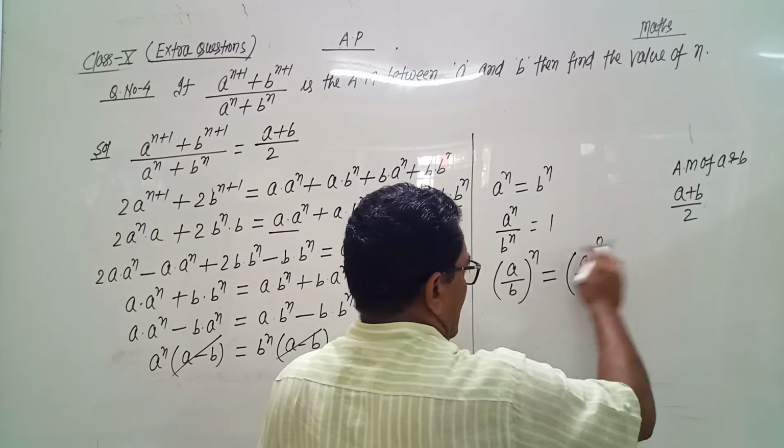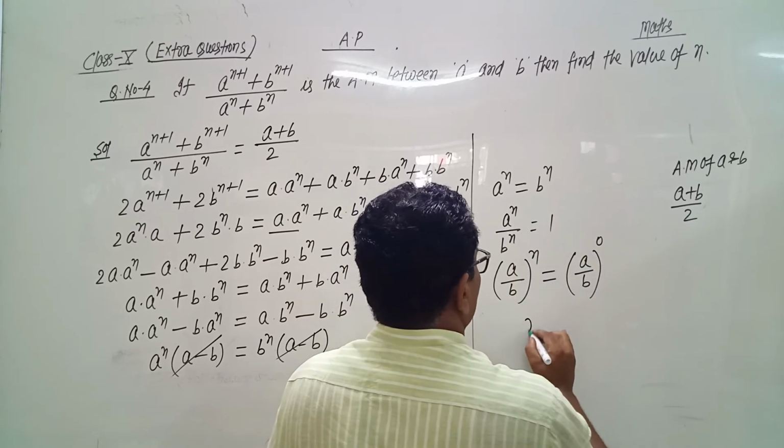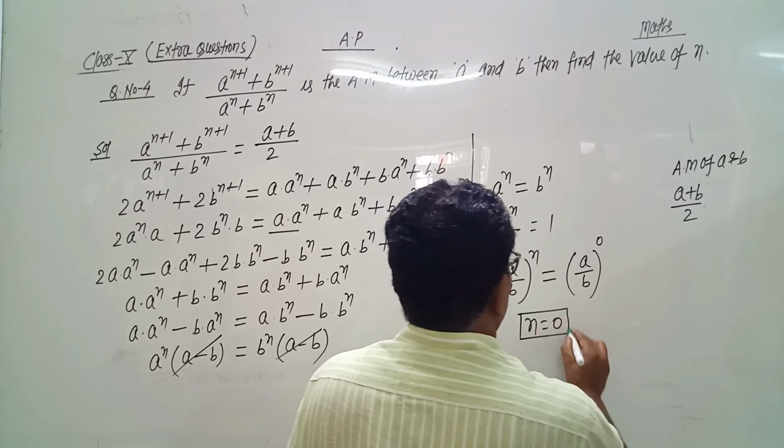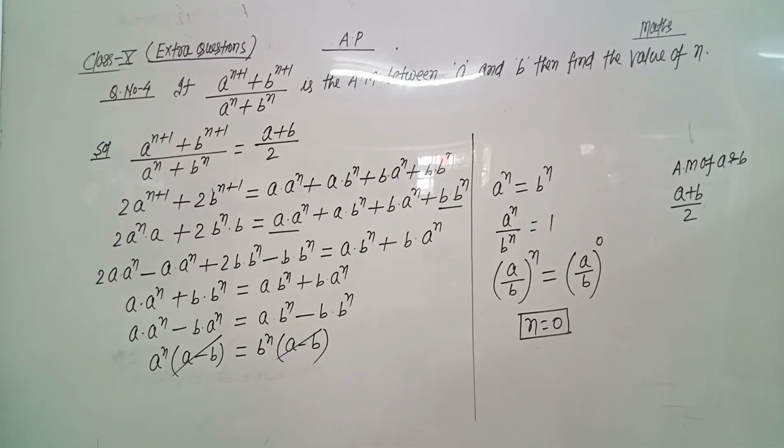We compare the powers, because the bases are the same, a by b, a by b. So the value of n becomes 0. n equals 0. The value of n is 0.